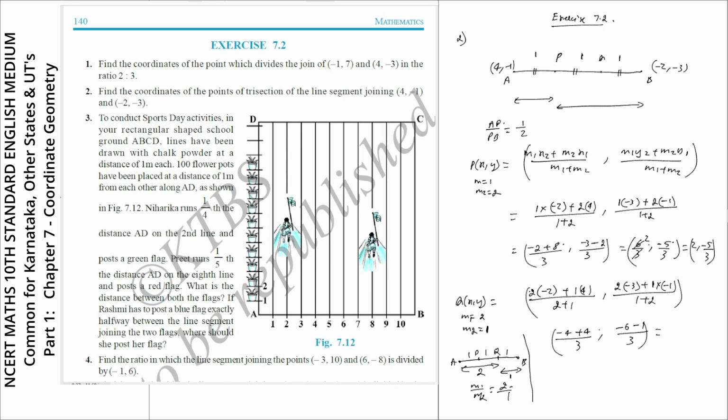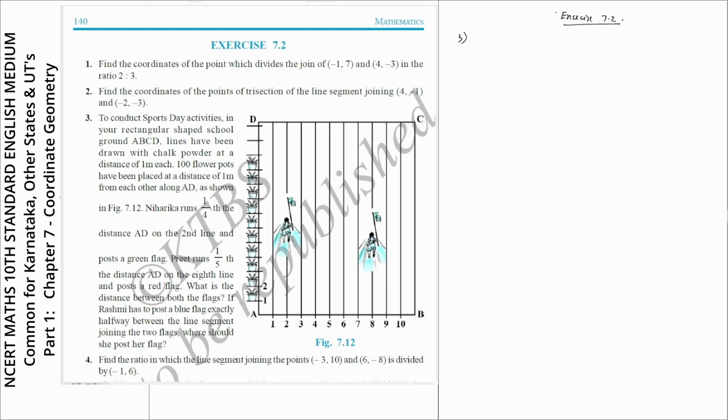So minus 4 plus 4 is 0 by 3, comma, so minus 6 minus 1 is minus 7 by 3. So 0 by any number is 0 only. Therefore this is Q of x comma y is 0 comma minus 7 by 3. That completes this problem. Exercise 7.2, question number 3.